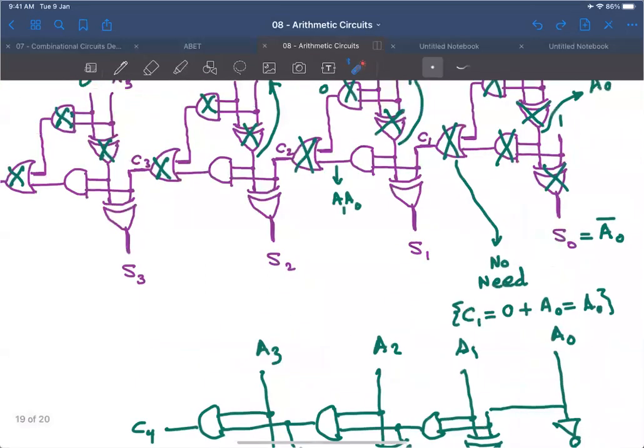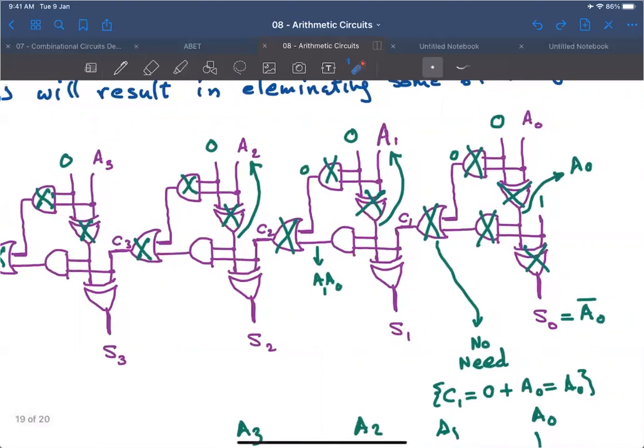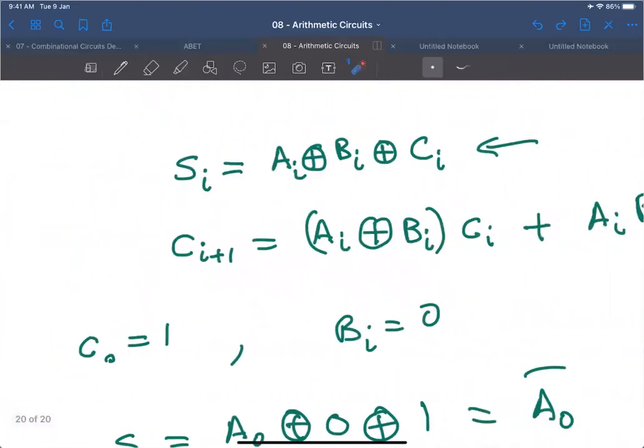Okay, using Boolean algebra. So how do you do it using Boolean algebra? Okay, I have done it here. Okay, but let's just do it together quickly.